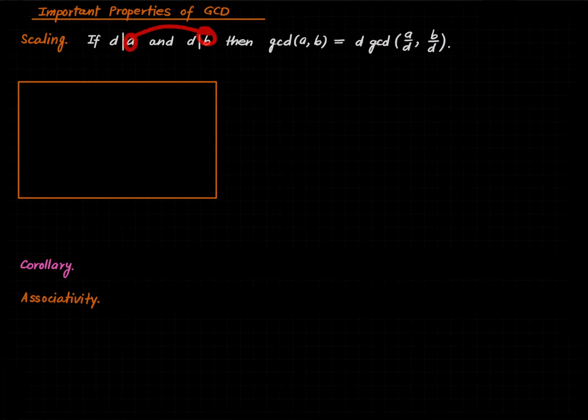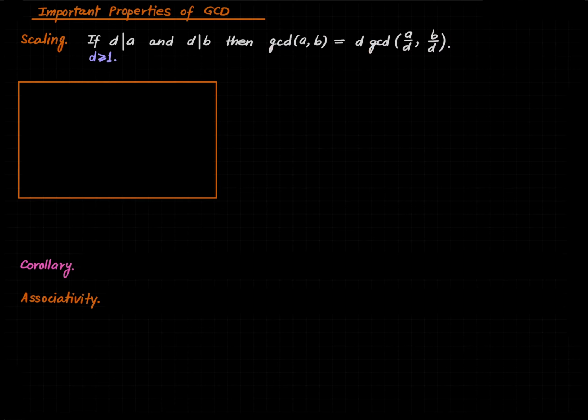Suppose we have two integers a and b, not both of them 0. And suppose there is some positive integer d which divides both of them. Then you can express the GCD of a and b as d times the GCD of the numbers you get when you divide both a and b by d.